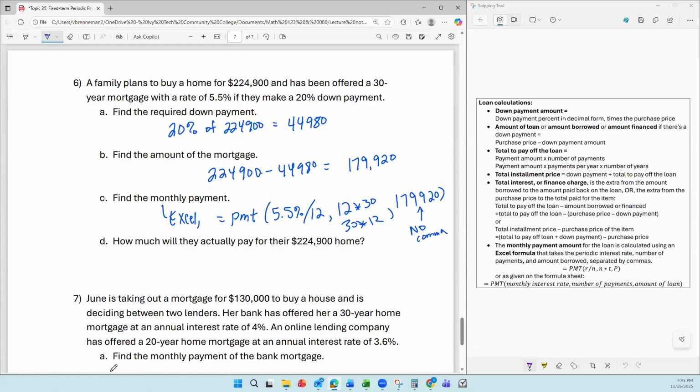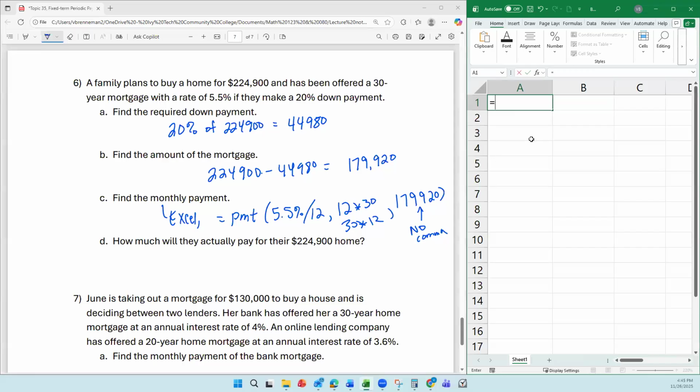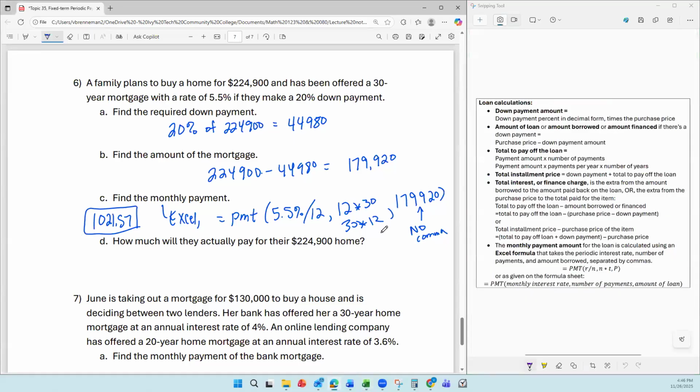You can put a negative in front of it if you want. You don't have to. So equals PMT parentheses 5.5% divided by 12, comma, 12 times 30, comma, 179,920. And their monthly payment is $1,021.57.